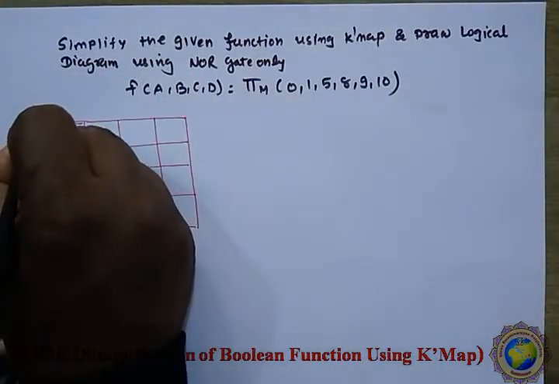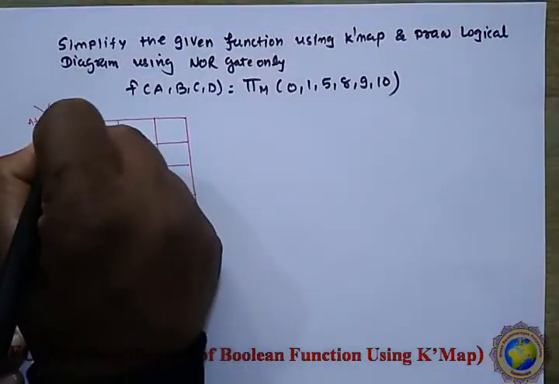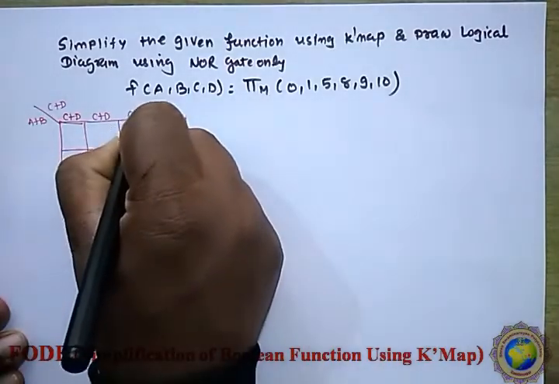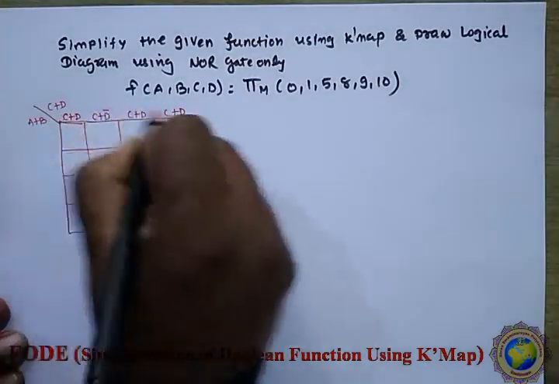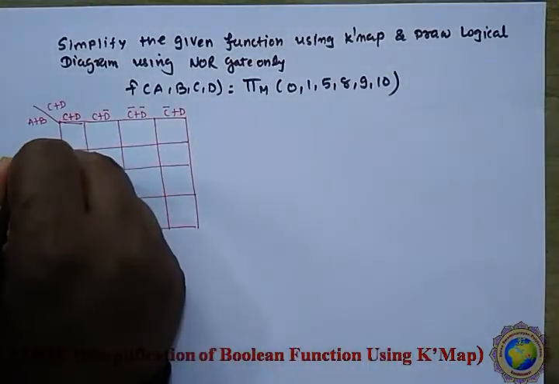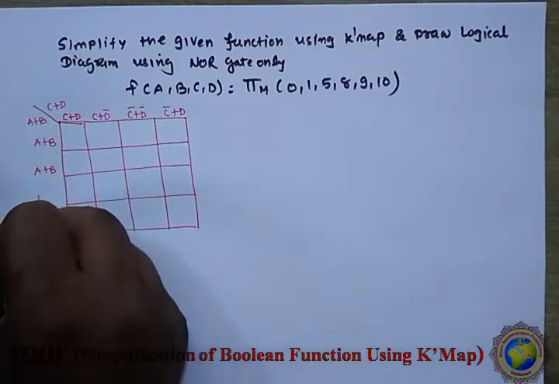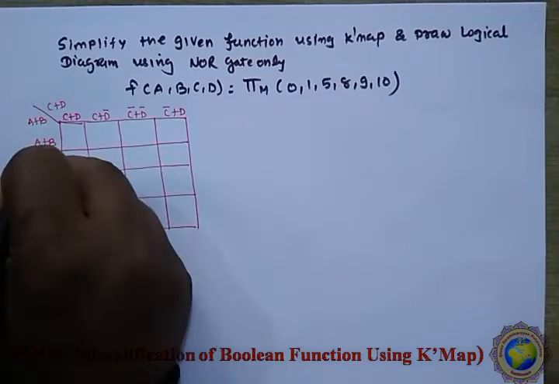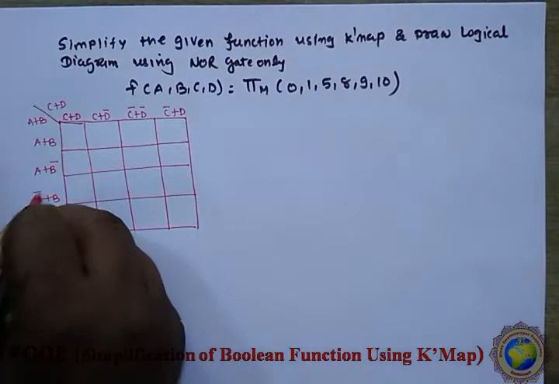Here it is a POS function, so A plus B, C plus D. You can write here C plus D, C plus D bar, C bar plus D bar and C bar plus D: 0 0, 0 1, 1 0, 1 1. Same for A plus B, A plus B bar, and so on: 0 0, 0 1, 1 0, 1 1.